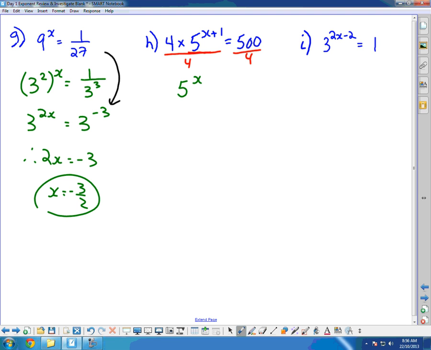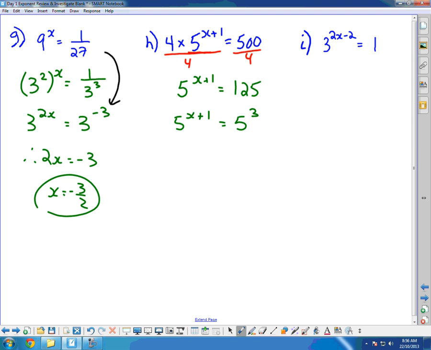And we'll be left with 5 to the x plus 1 over 125. Now the question looks just like the ones we had done before. Do you suggest a common base? 5. So this would be 5 to the power of what? 3, that's right. 5 times 5 is 25, times 5 is 125.